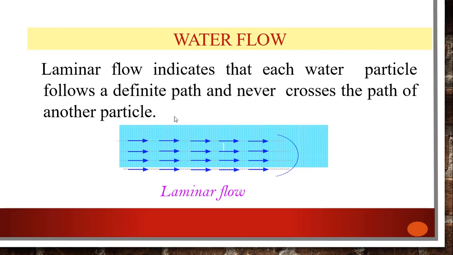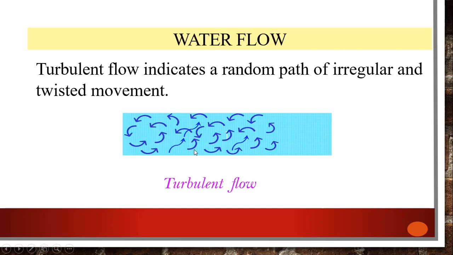It means in laminar flow, the water particles do not cross each other's path. They are following a distinct path. Likewise, as you can see in this picture, the particle follows a distinct path.